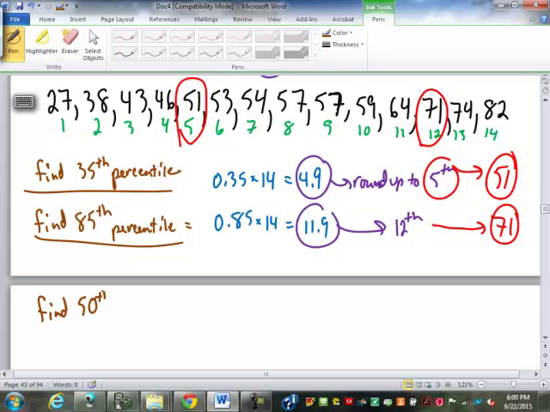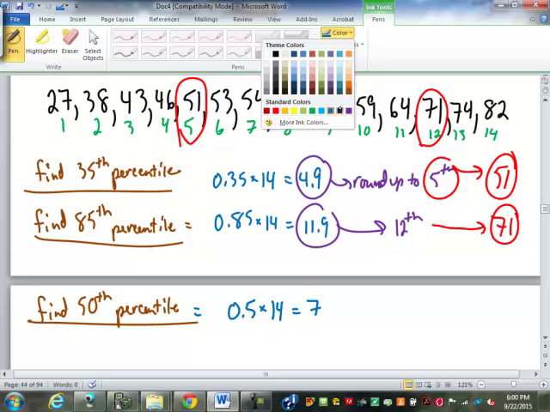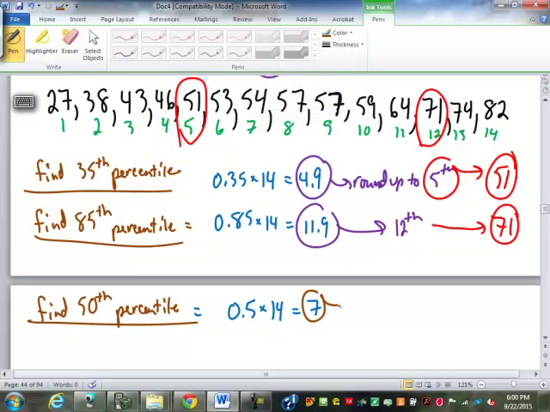What if I ask you to find the 50th percentile? Well, what are we going to multiply by n here? 50% as a decimal is 0.5 times 14, which is 7. Now, since that is a whole number, that means it is between that one and the next one.